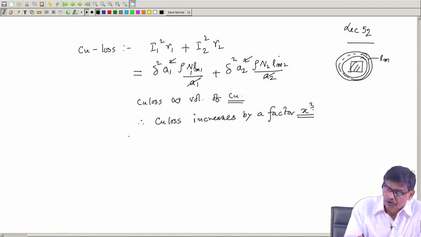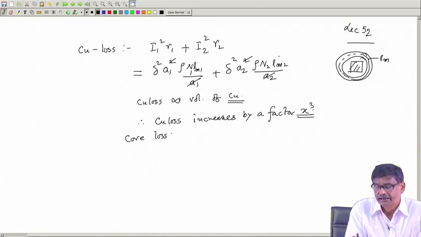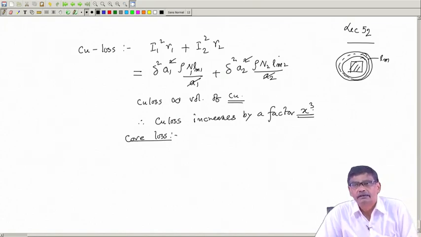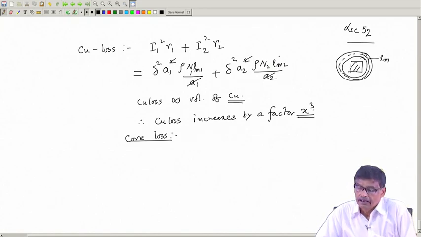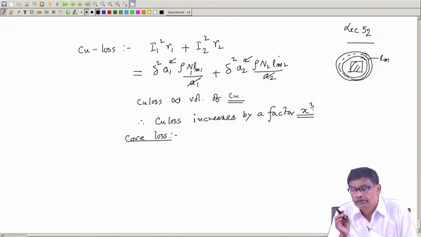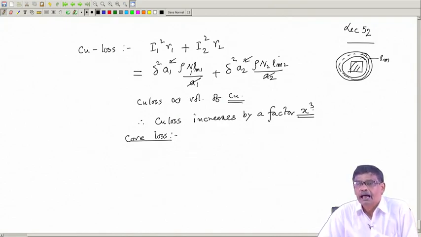Similarly, for core loss it is much simpler, because we have already seen the core loss comprises of eddy current loss and hysteresis loss, and eddy current loss is proportional to Bmax square, f square, tau square, where tau is the thickness of each lamination, and that is per unit volume or kg.